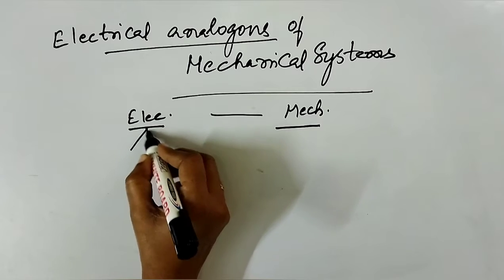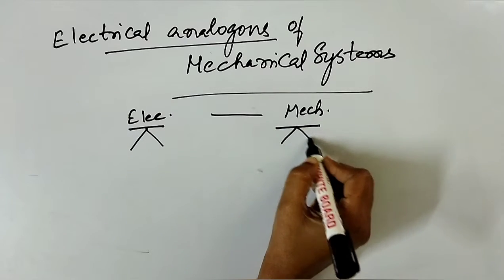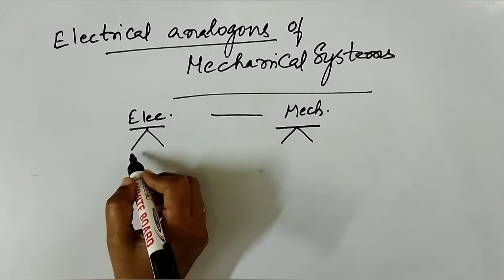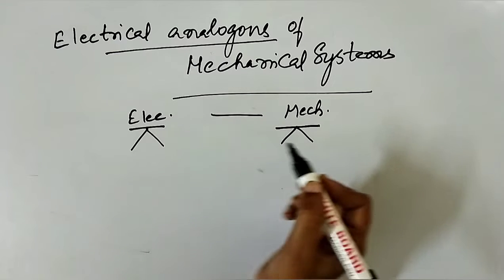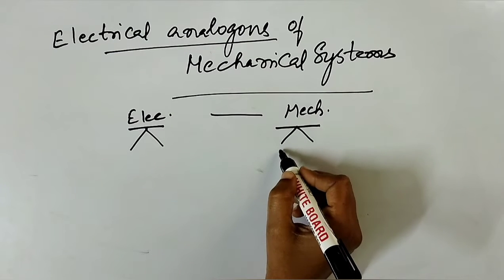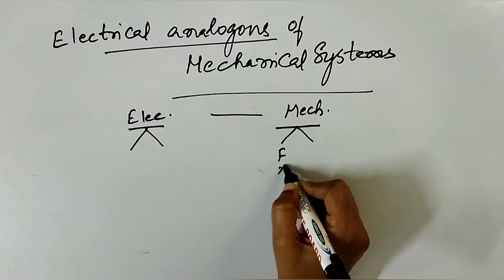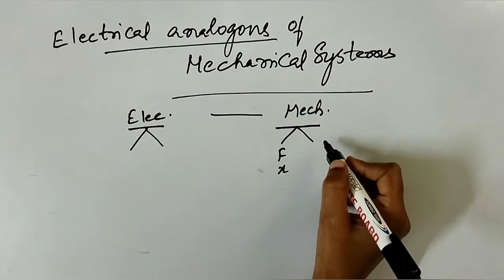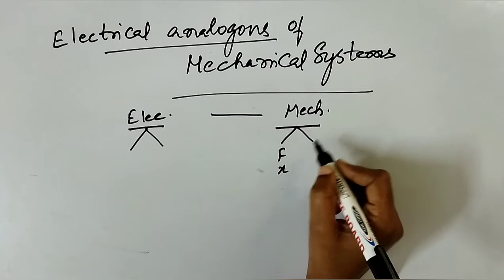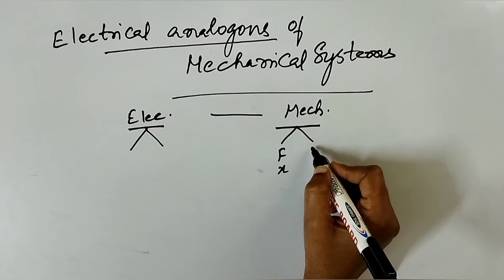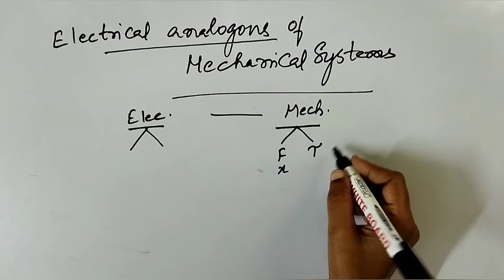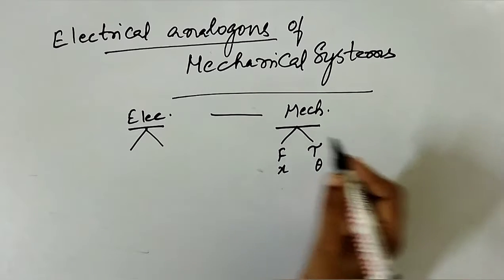Regarding the input and output, for example, if you are talking about mechanical systems, you have force as the input where the output is x, say displacement. In a rotational system, you have torque as the input where angular displacement is the output.